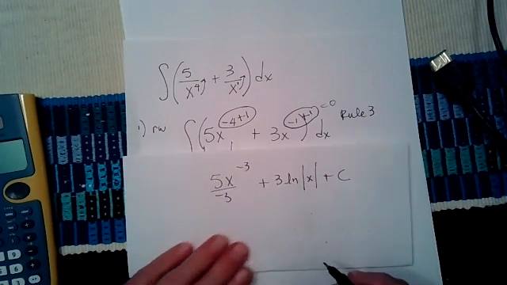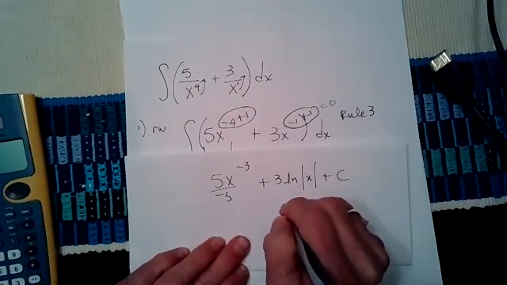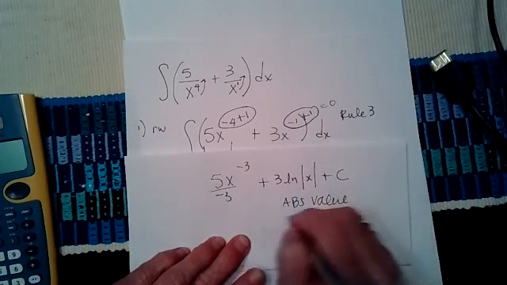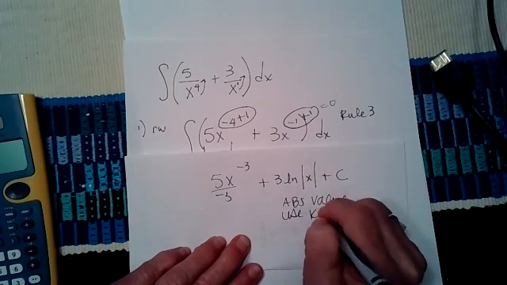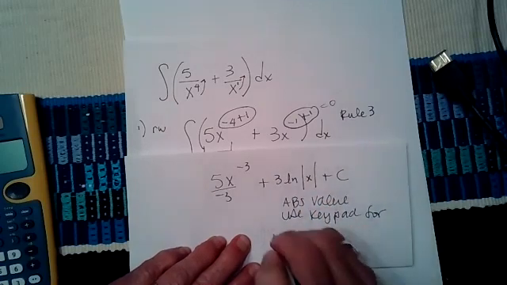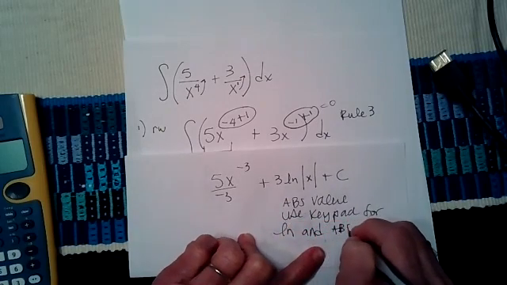Okay, and when you type in the absolute value of x on Hawks, you're going to have to use your keypad for ln and the absolute value.